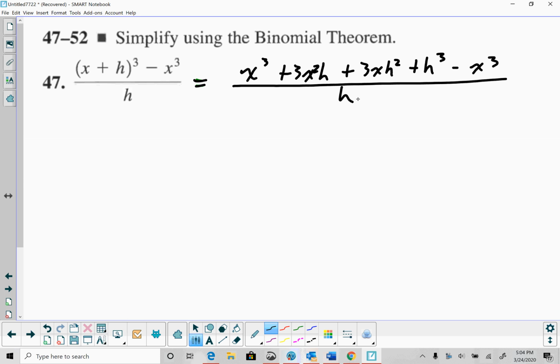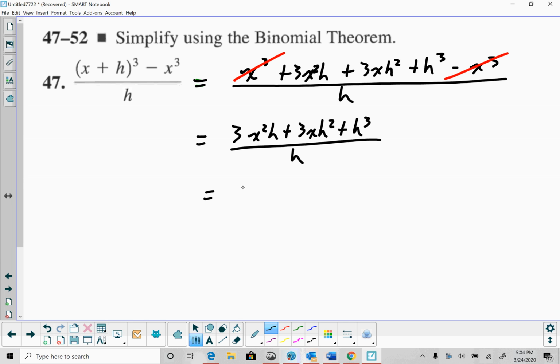Isn't that nice? Oh wait, hold on, 5 terms in the numerator. But would you look at that? The first term and the last term combined to give us a sum of 0. So this is 3x squared h plus 3x h squared plus h cubed. Oh, would you look at that? The remaining terms in the numerator all have h as a factor.